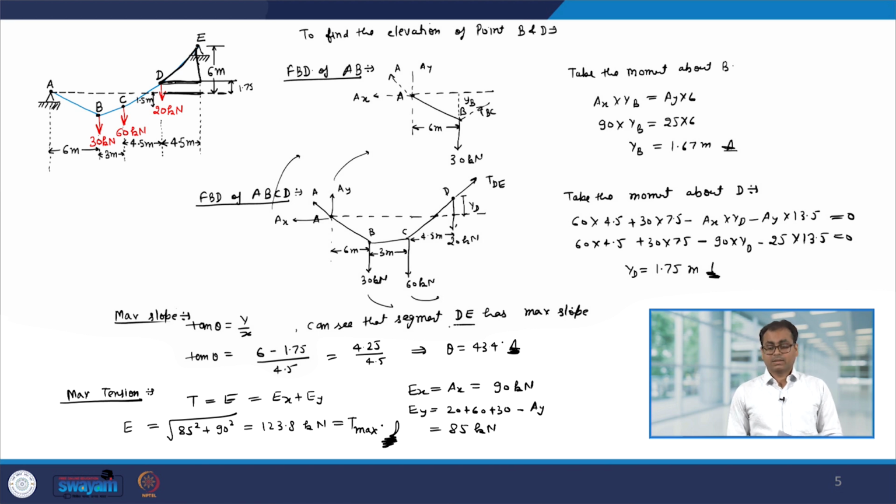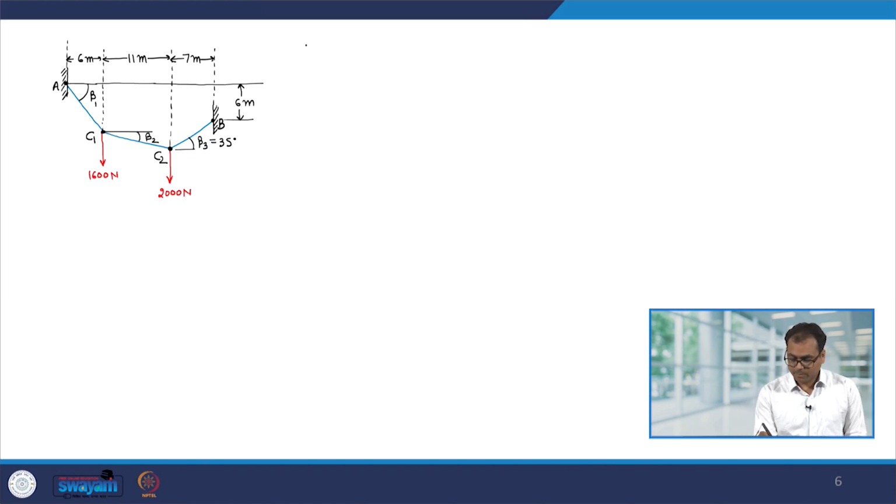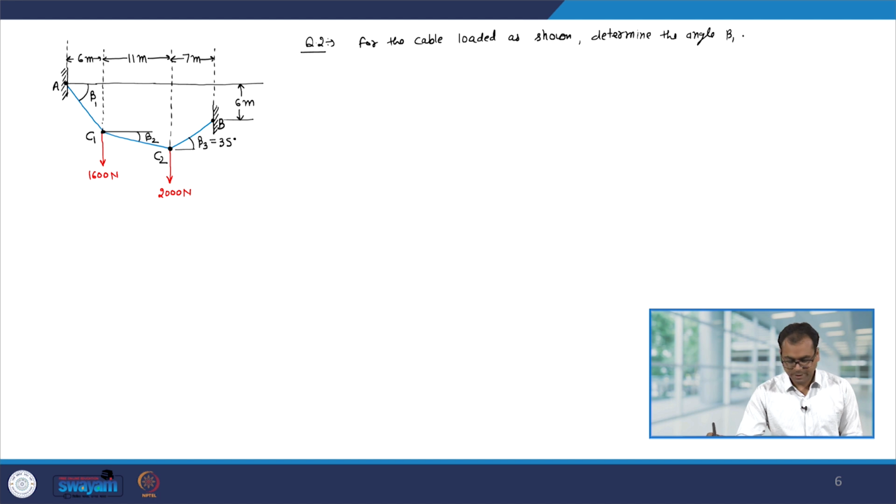Now, let us look at the second problem, and here the problem statement is the following. For the cable loaded as shown, determine the angles beta 1 and beta 2, the force in each segment, and the length of the cable.